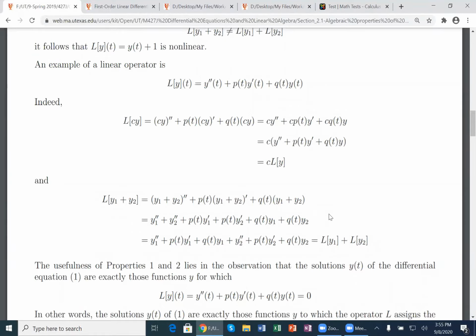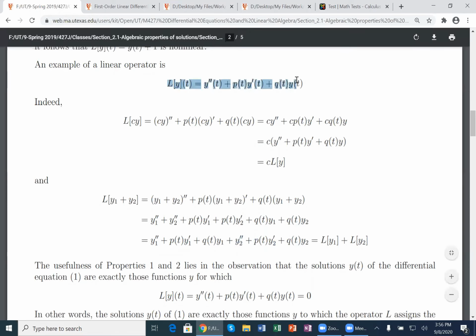Here's what we do next. Let us group together y1 terms. Done. And y2 terms. Done. According to this formula, this is L of y1, this is L of y2, everything is proven. Here, property number 1, and here, property number 2.